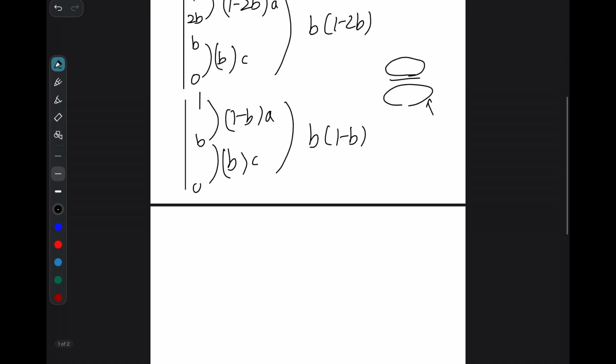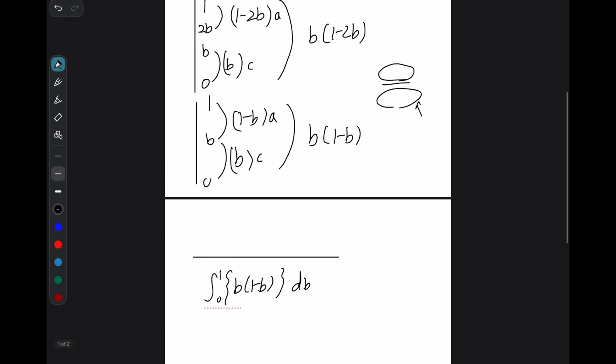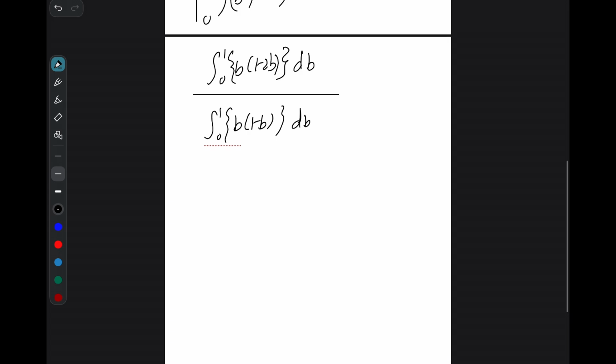Now therefore the answer is integral 0 to 1 of b times 1 minus b db, looks kind of weird, over integral 0 to 1 of b times 1 minus 2b db. So we can just calculate this.